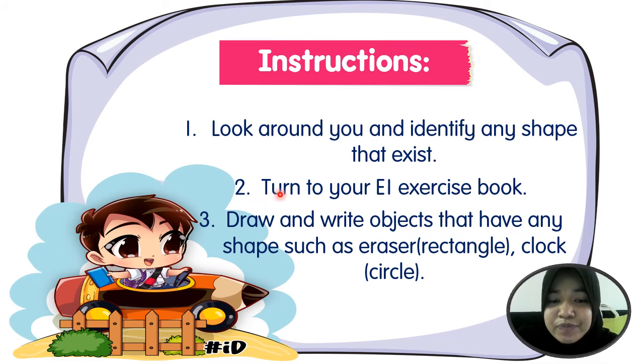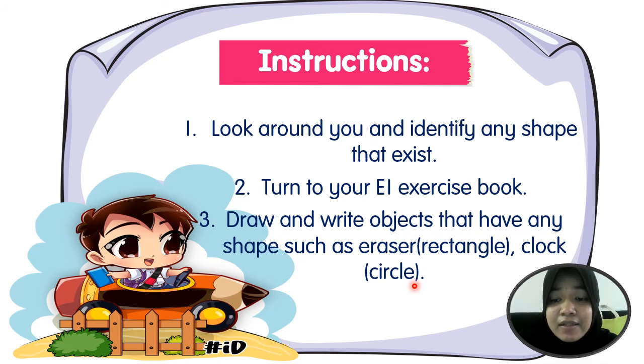Next, number 2, please turn to your E1 exercise book and then you need to draw and write objects that you have, any shape such as eraser. So, itu dia kat situ, rectangle, clock. So, you define it as circle. Okay? So, I will show you guys on how you are going to do in your E1 exercise book.